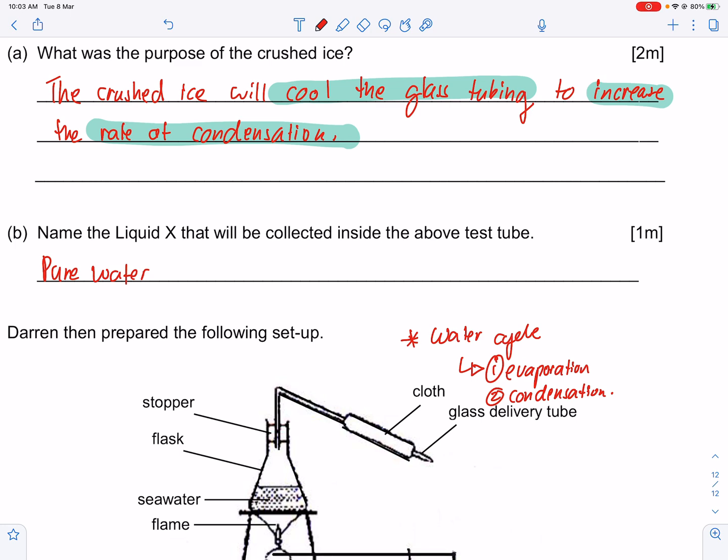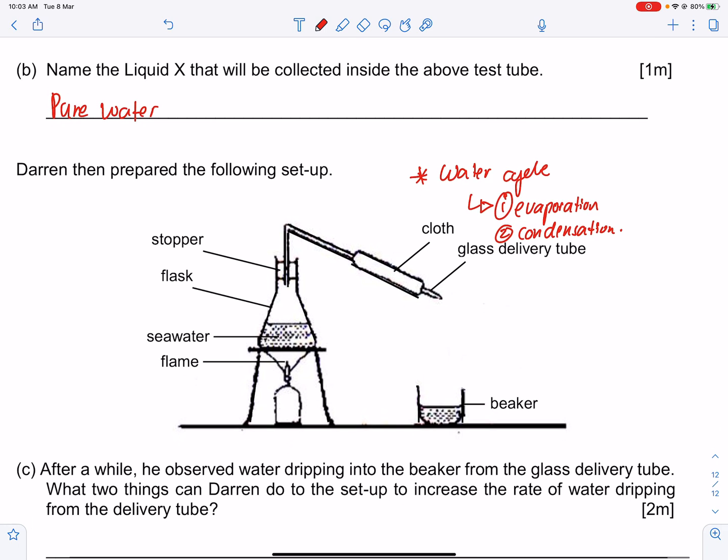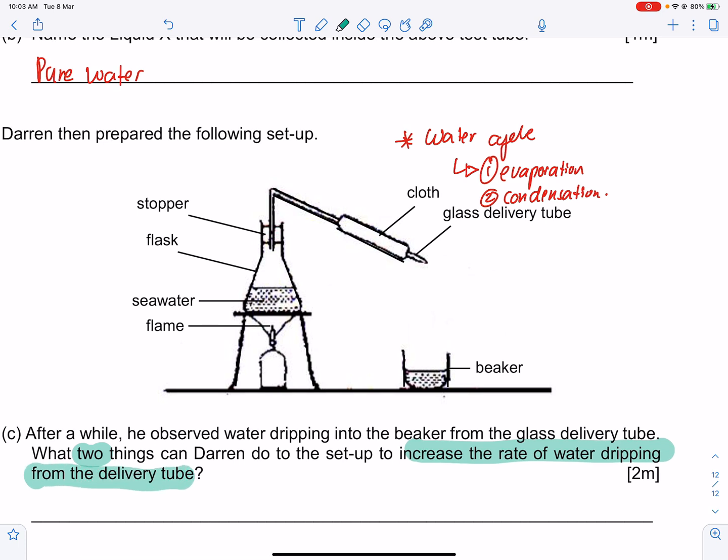That's about it. Now, after a while, he observed the water dripping into the beaker from the glass delivery tube. What are two things? The question wants you to talk about two things that Darren can do to the setup to increase the rate of water dripping from the delivery tube.